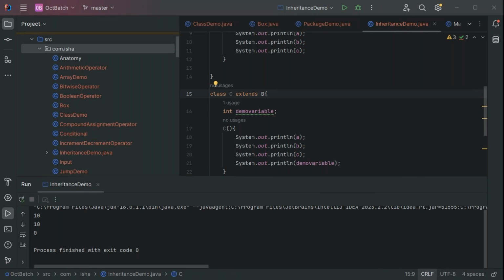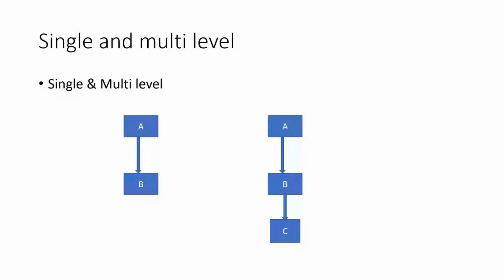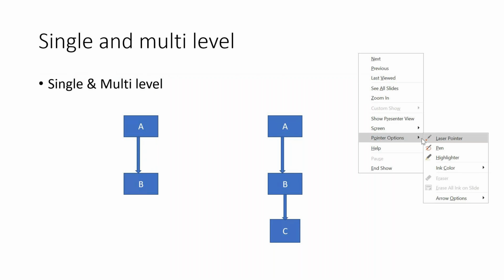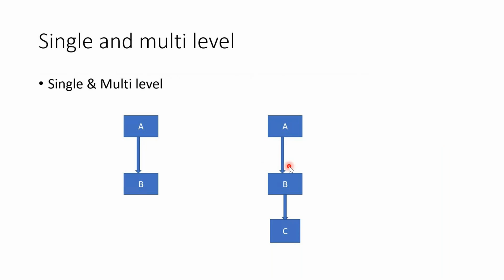Now I'm sharing the screen. Okay, I've told about two types, right? The left hand side, whatever you're seeing, is the multi-level. And on the right hand side, I demonstrated this only: class A is inherited in class B, so I was establishing the parent and child relationship.